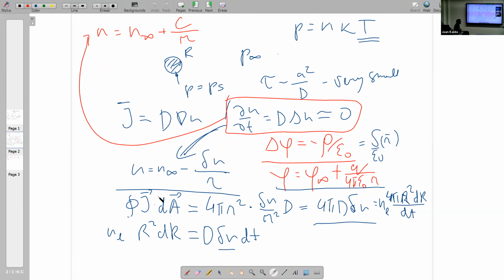Particle flux is concentration gradient. Concentration gradient is dn over r squared.